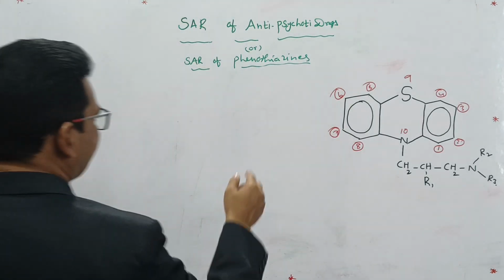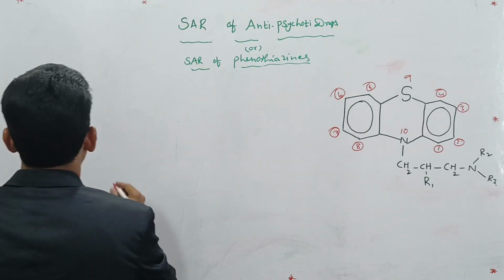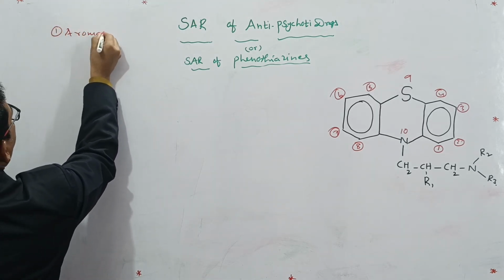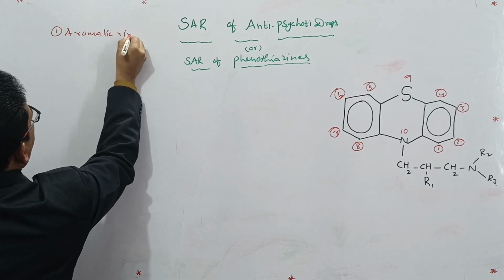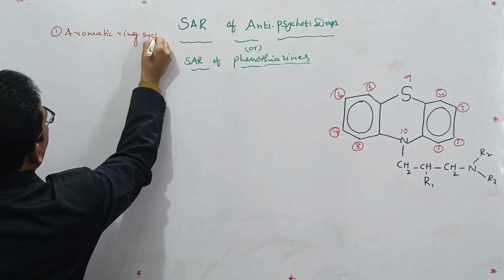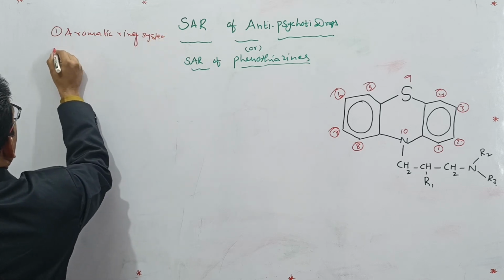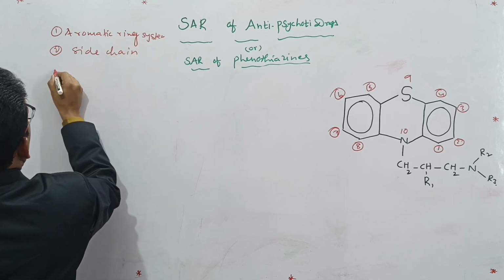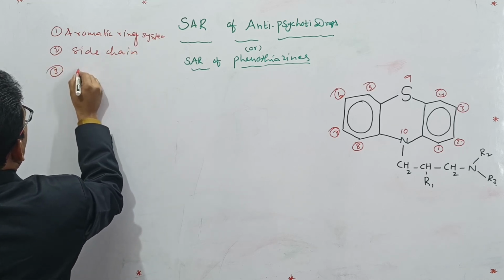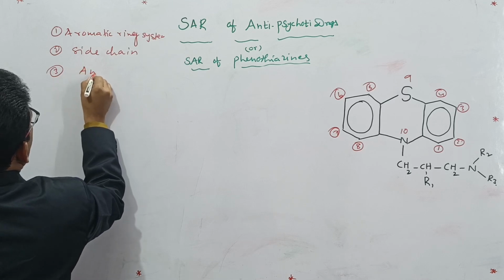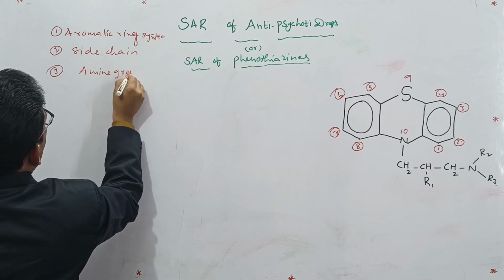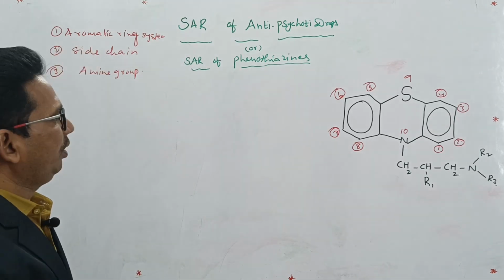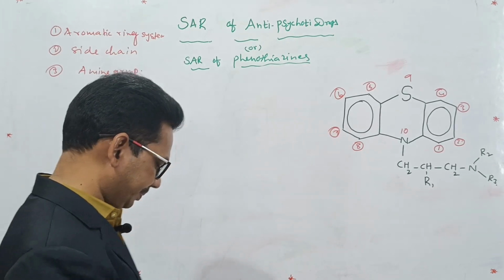First one is the aromatic ring system, second one is the side chain, and third one is the amine group. Just see what happens in this case. One by one we will go. First we will take the aromatic ring system.